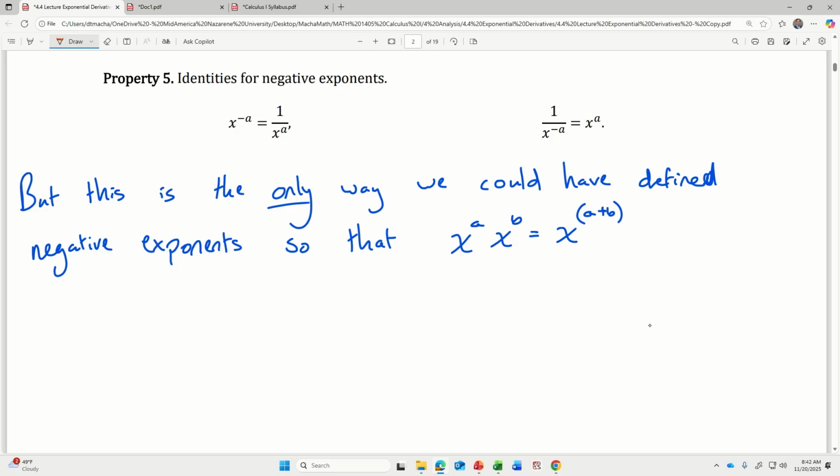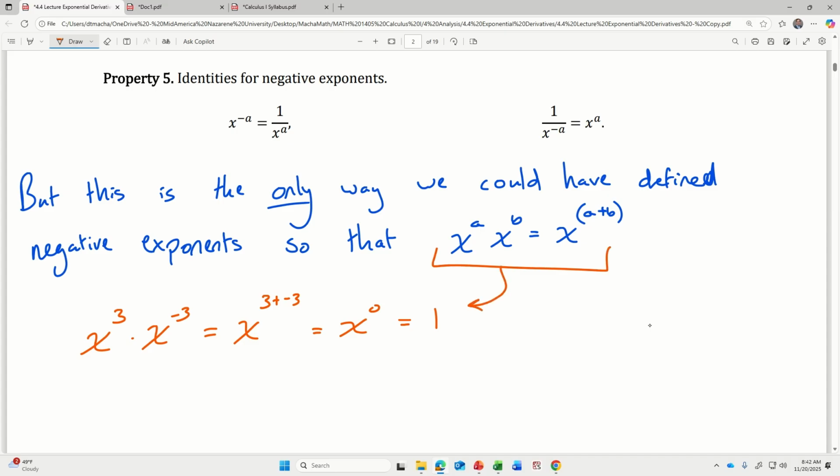And if I were to have, let's say, x to the 3rd power times x to the negative 3 power, that should be equal to x to the power 3 plus negative 3. In other words, that should be equal to x to the 0 power, so that should be equal to 1. According to the product rule, this has to be true.